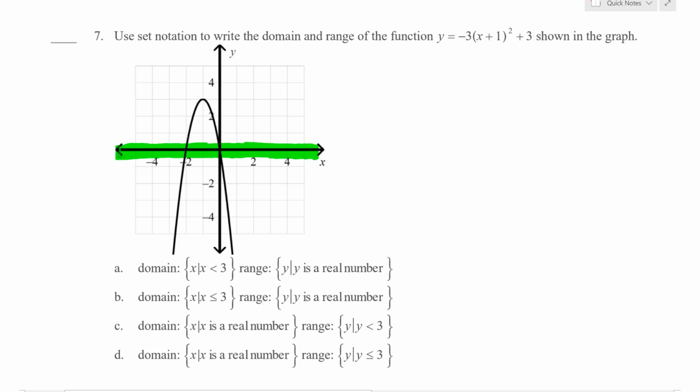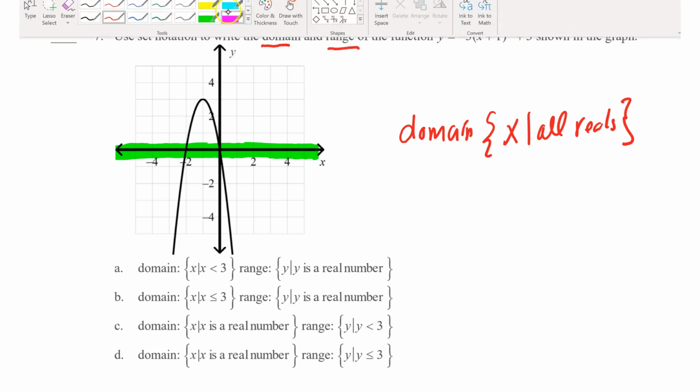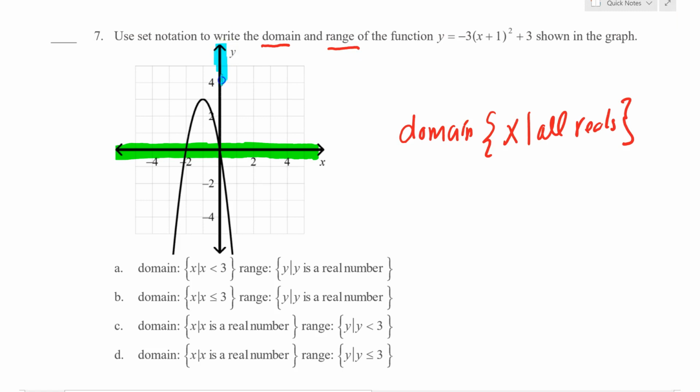Okay, so the domain, which is all the x values, x will be all reals. Okay? Now the range is different. The range will be the y values.